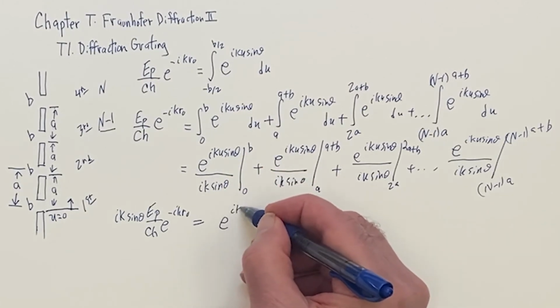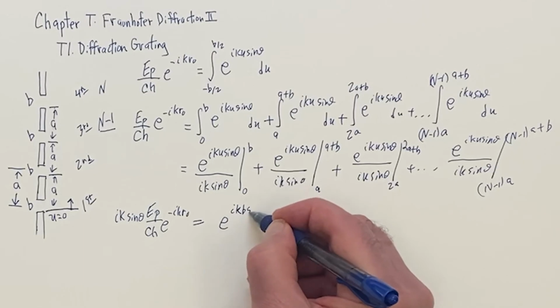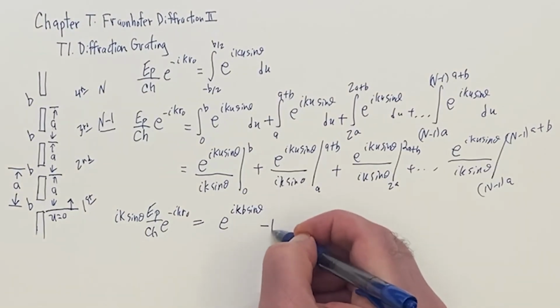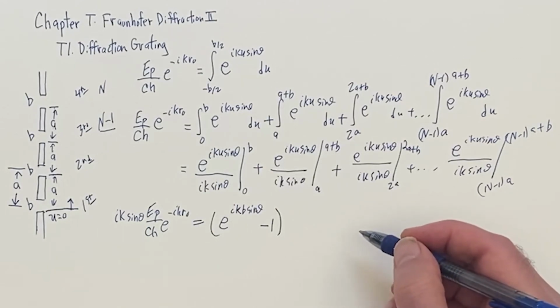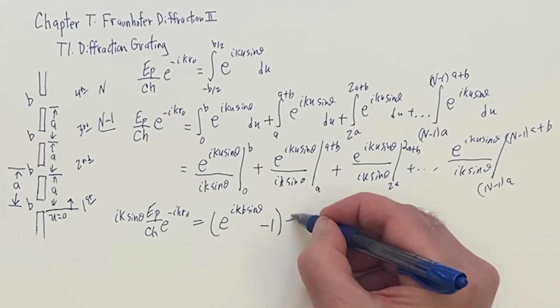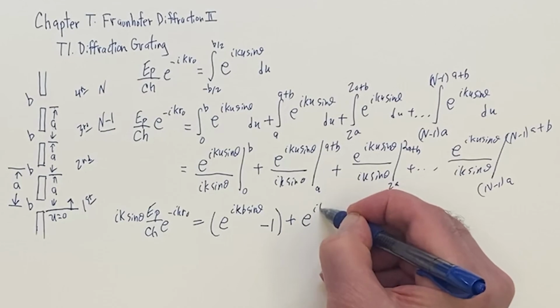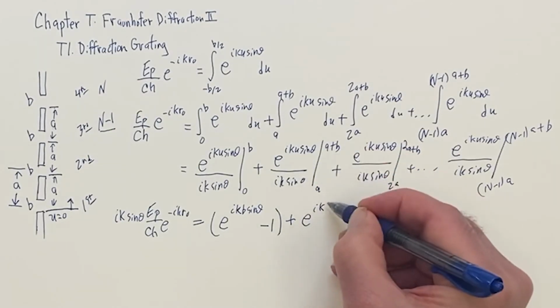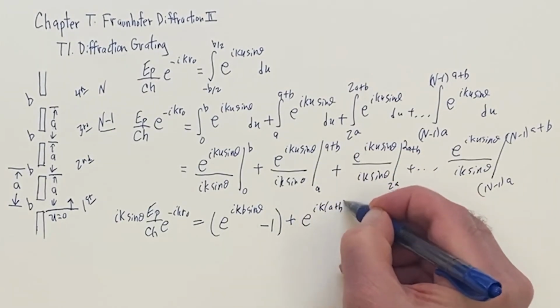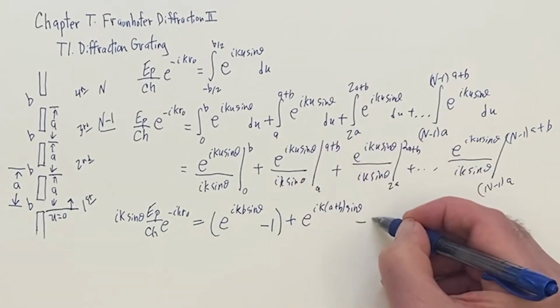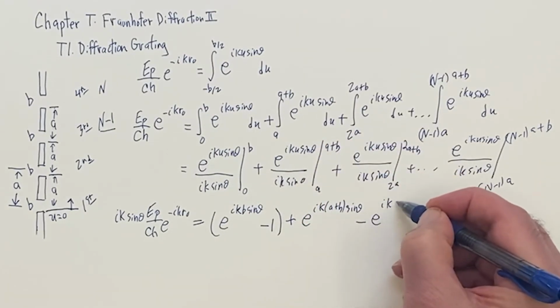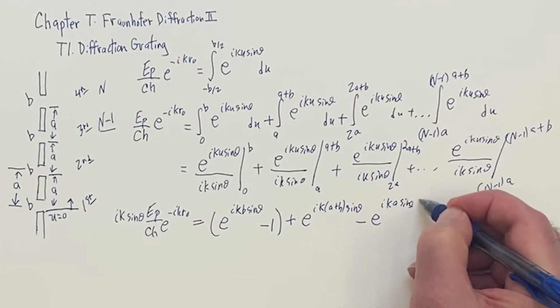So this is e to the ikb sine theta minus, when you put in the 0, e to the 0th power is 1. And then the next one is e to the ik a plus b sine theta, and when I subtract, putting the a in there, I get e to the ika sine theta.